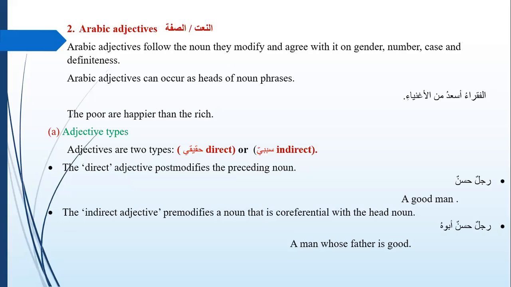This is an adjective, right? And it occurs as a head of the noun phrase. يعني هي السبجكت. أسعد من الأغنياء.